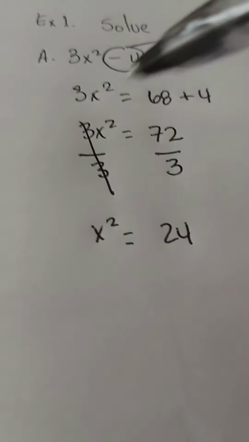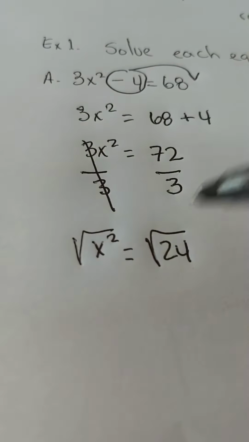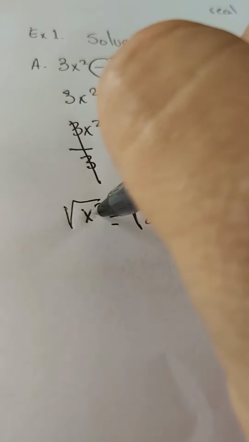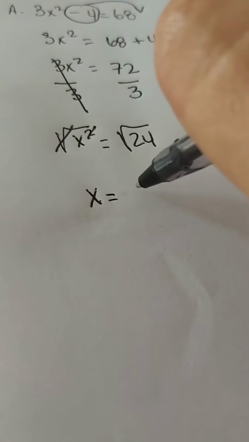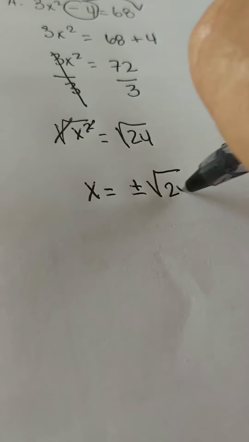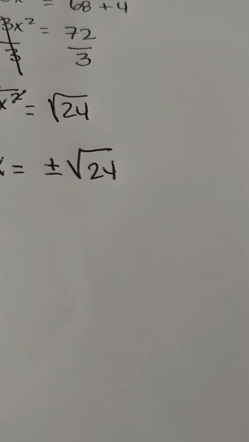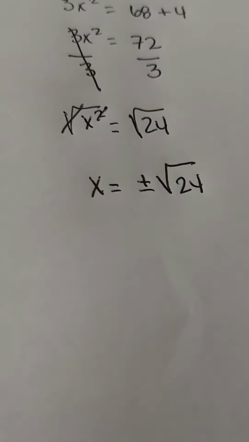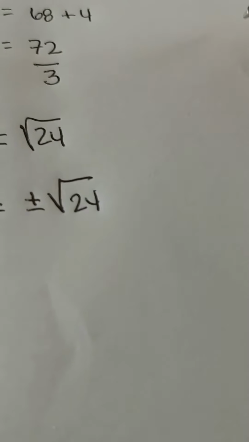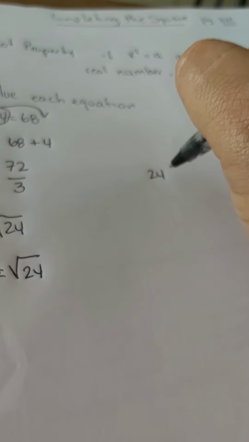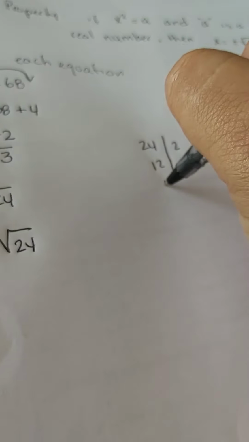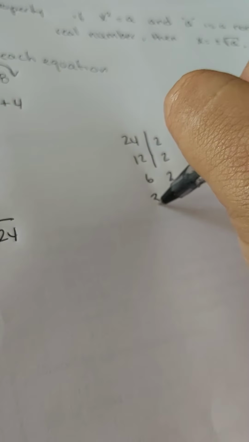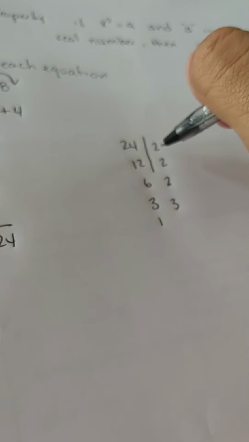So how do we solve for x? Square root on both sides. We simplify, and we get that x equals positive negative square root of 24. Can we simplify square root of 24? Let's see. 24 is divisible by 2 is 12, divisible by 2 is 6, by 2 is 3, by 3 is 1.